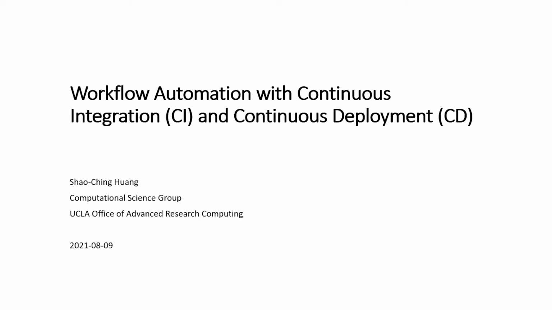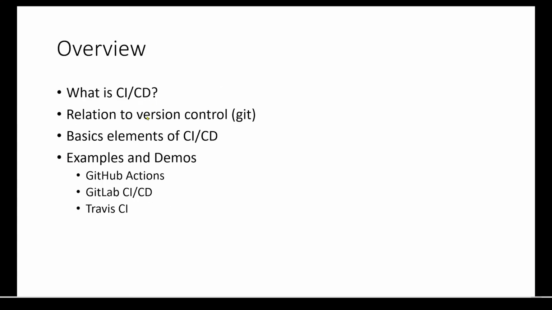So essentially, I'm going to talk about how to set it up to assist your day-to-day work. And also, I'm going to talk about the relations to version control, because these two things actually work together pretty well. And so there's a natural coupling between these two sets of tools.